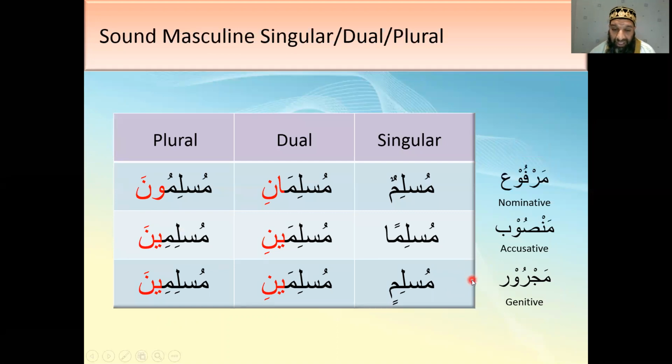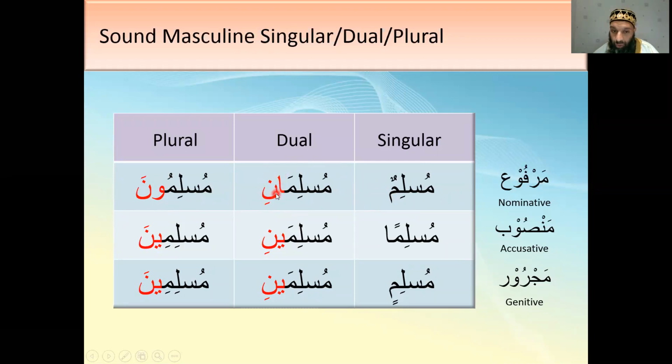This is the complete table for a sound masculine. This is going to be in your test. Singular, dual, and plural. Just look at this first one now. Muslimun is how you say a Muslim. The way you say two Muslims is Muslimani.